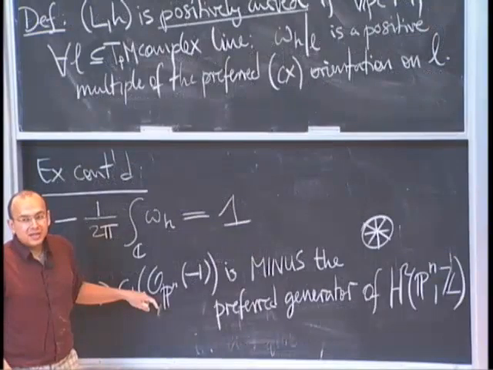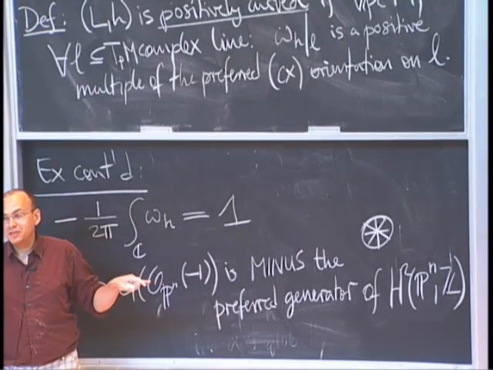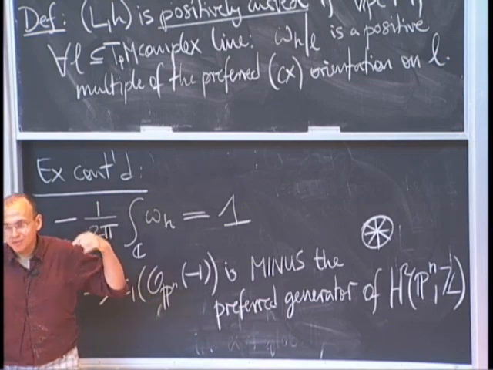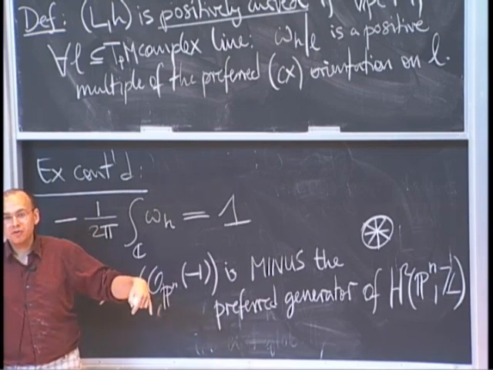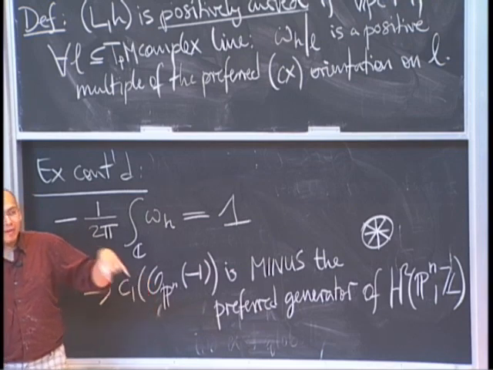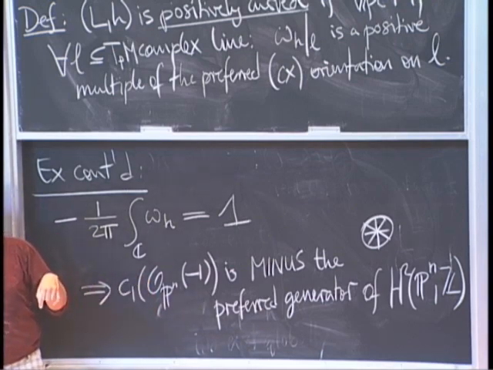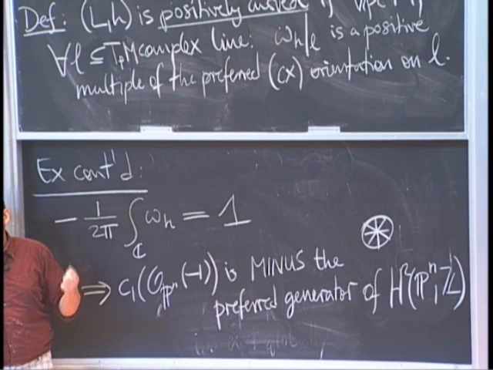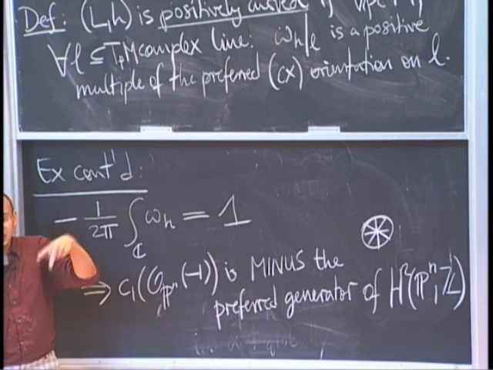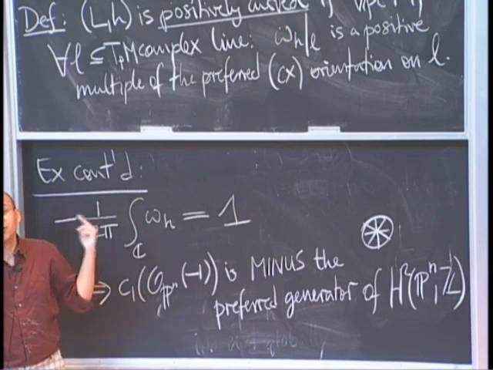The first Chern class of O of plus 1 of projective space is the positive generator of the cohomology. Now O of plus 1 is the line bundle associated with linear hyperplanes using that construction I talked about last time. So you start with a linear hyperplane, associate the line bundle with that, and you get O of plus 1.